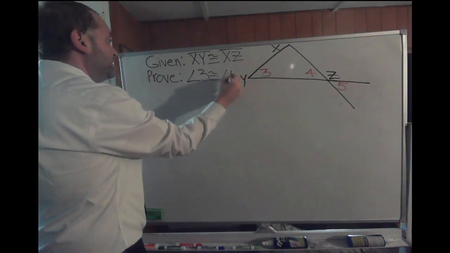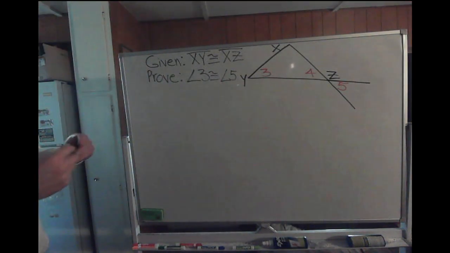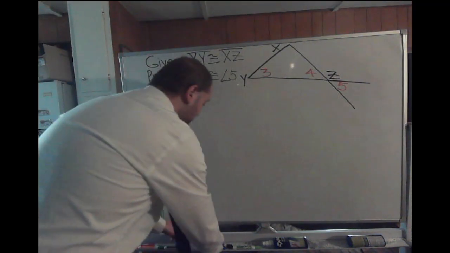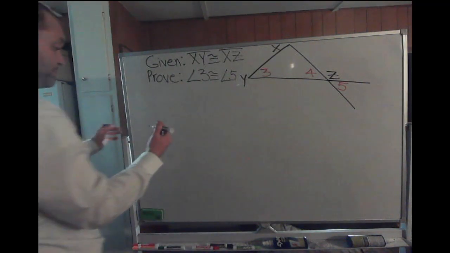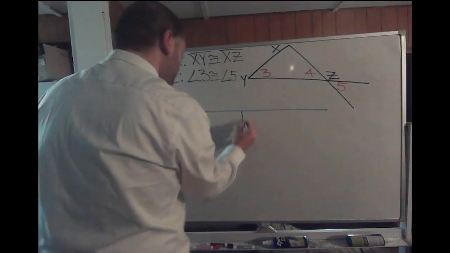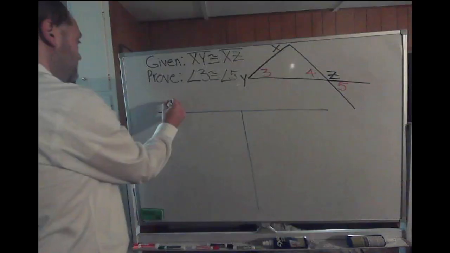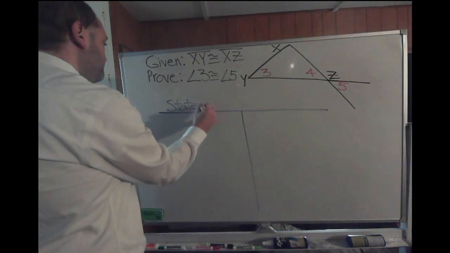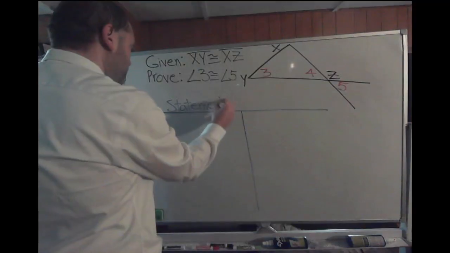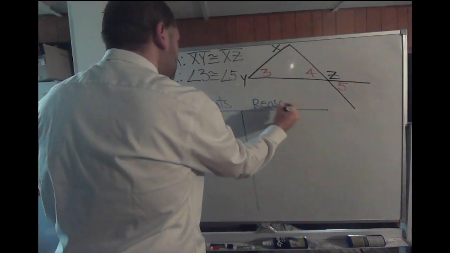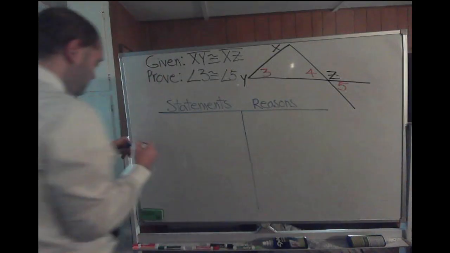This one's going to be a piece of cake. We'll be done with this in no time. So let's set up our two columns. So we got our statements and our reasons. All right, so let's do that.